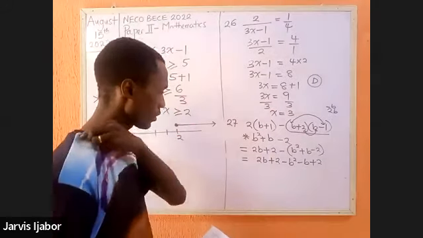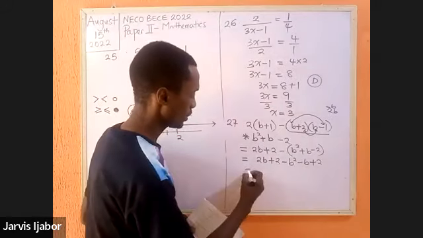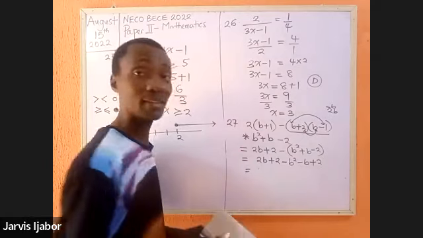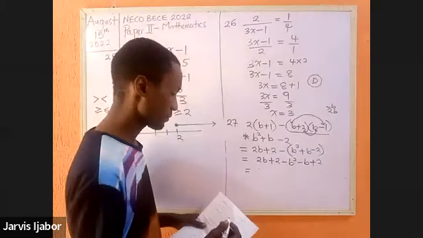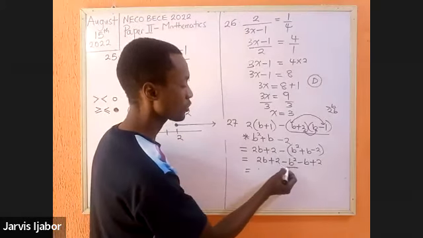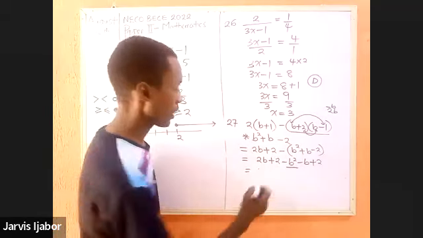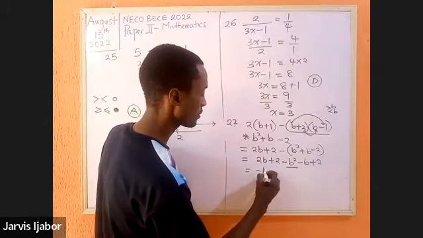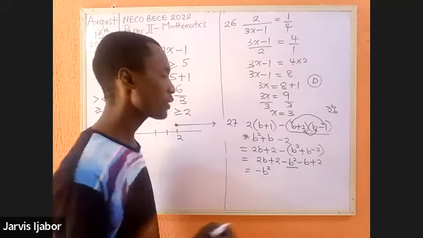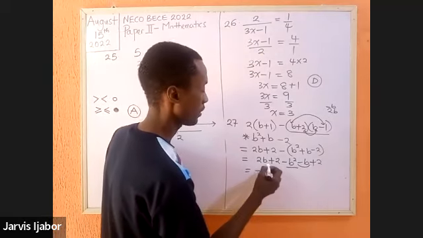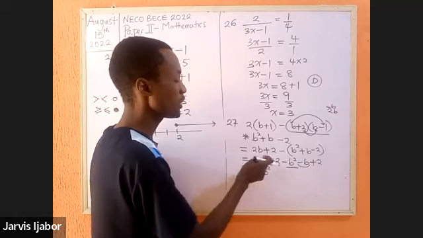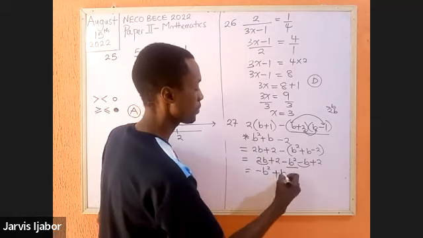All right. So with that done, we collect like terms now. I look at b squared. It's negative b squared. I look at b: 2b minus b will be plus b.